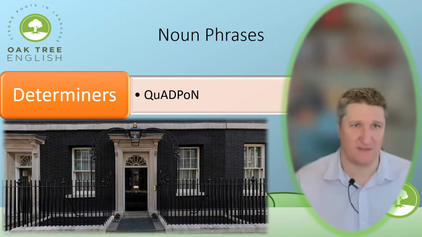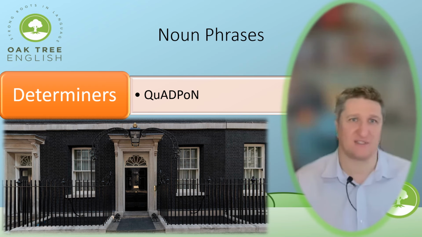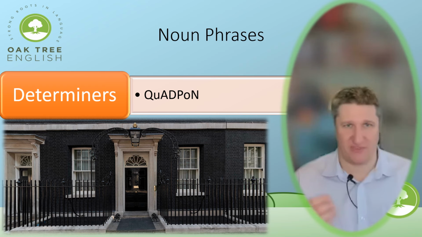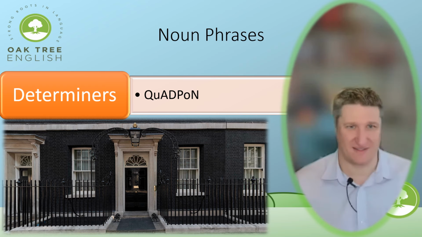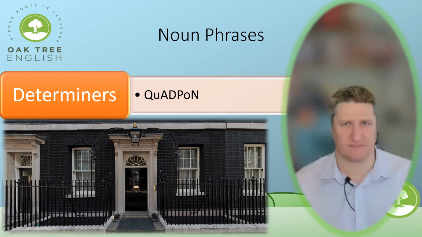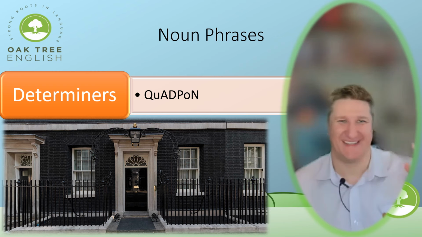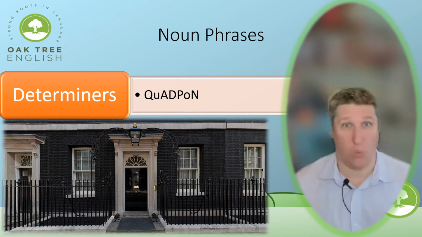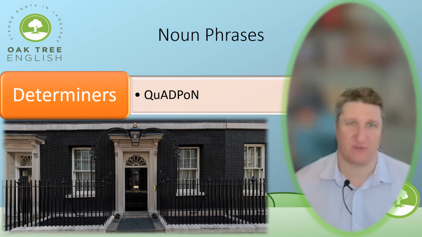Most of the 15 houses in Downing Street were demolished. This, which is a demonstrative, obviously. This one is one of the few that remain.